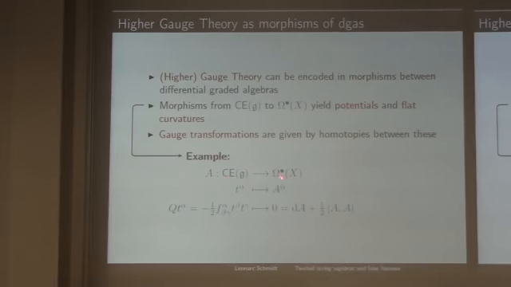And then you can take a morphism that's degree preserving to the de Rham complex, so I map t alpha to the connection 1-form A. And then, because such a morphism should respect the differential, this Q basically becomes d, and then this equation just says that dA plus a half A A is 0. Which is just saying that the curvature is flat. So this is why I'm saying this encodes only flat curvatures.